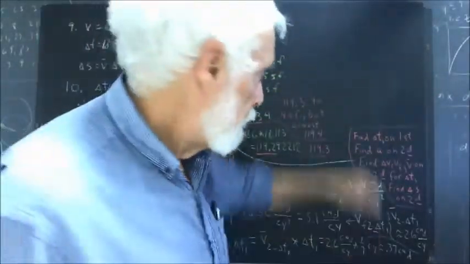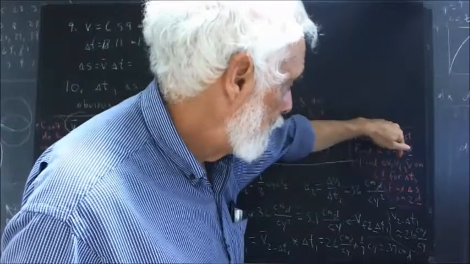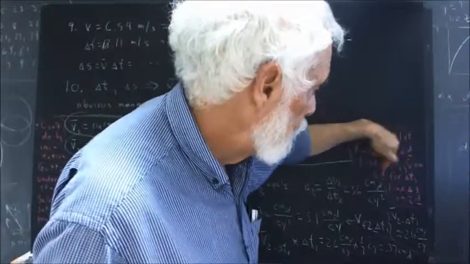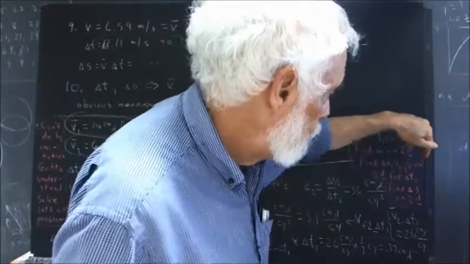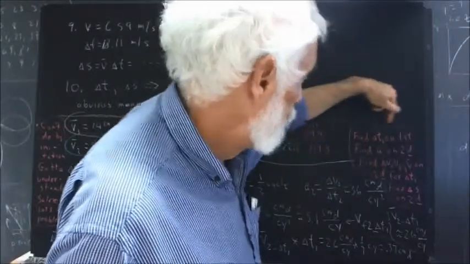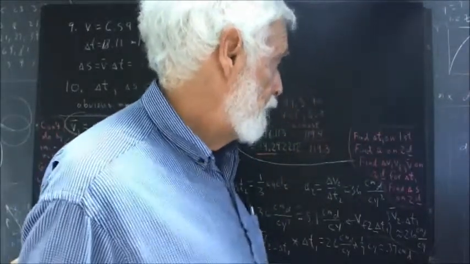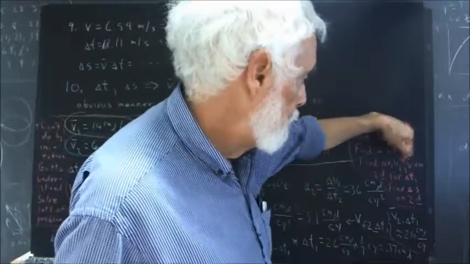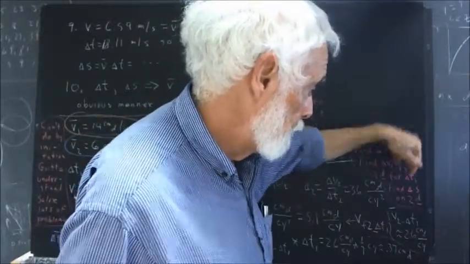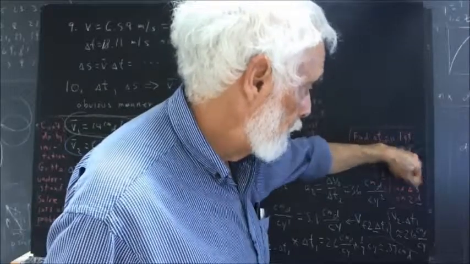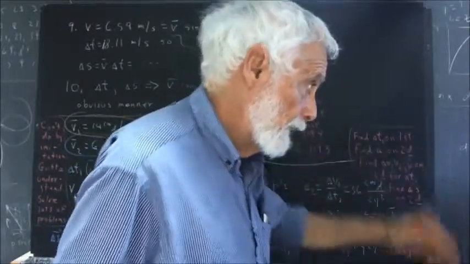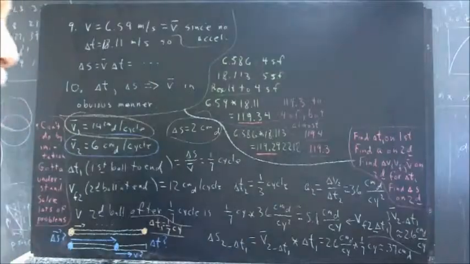Then we find delta v, then vf, and then v bar on the second ramp for the interval delta t1, the delta t1 being the time it took to go down the first ramp. And then, since we've found v bar on the second ramp for that delta t1 interval, we find delta s on the second ramp for the same delta t1 interval.